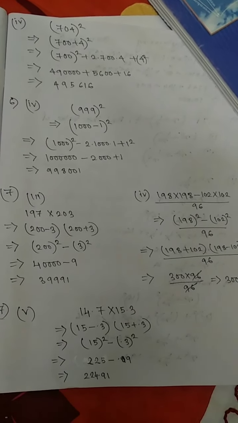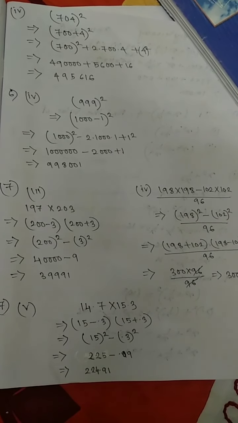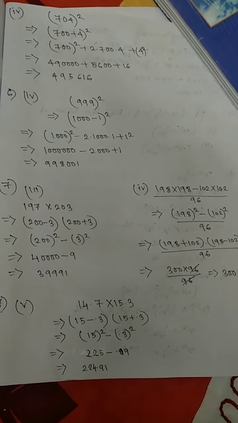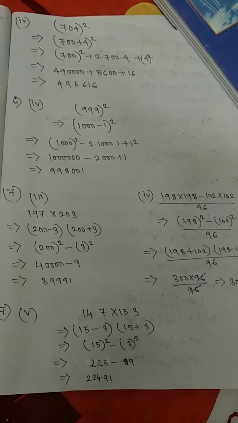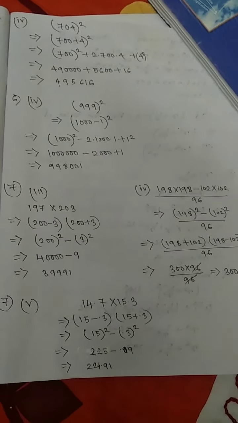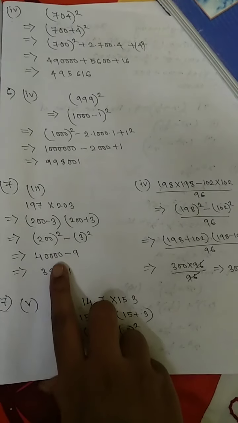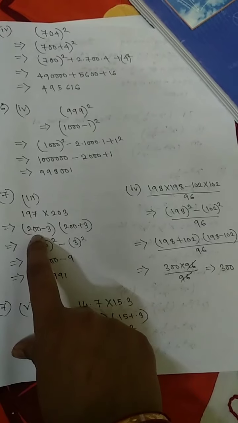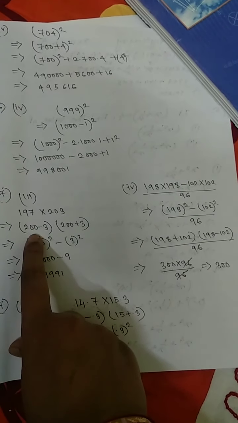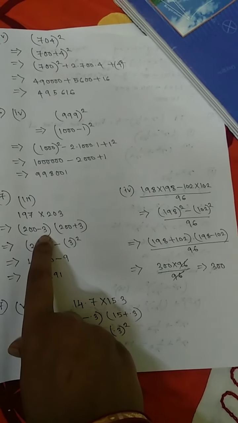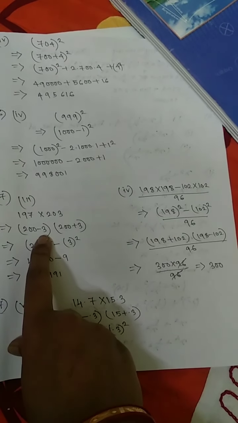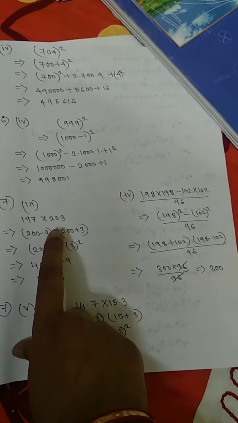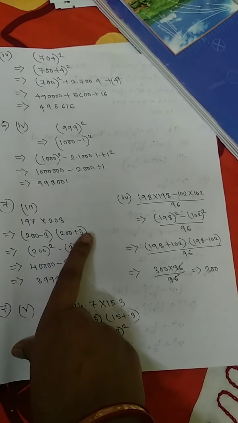Now let's see sum number 7: 197 into 203. You can multiply 197 into 203, but there the method will be tough. So we will do it by using our formula. The nearest round up of 197 is 200. So if you subtract 3 from 200, then we will get 197. So we will write down 197 as 200 minus 3 and 203 as 200 plus 3.